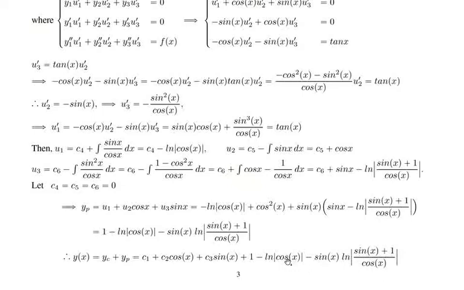And if we look at the interval minus pi over 2 to pi over 2, then in this interval we are sure that cosine x is never equal to 0 and sine x is never equal to minus 1. So our solution is well defined over this interval, and even if you differentiate it, its derivative is going to be also well defined and continuous over this interval.